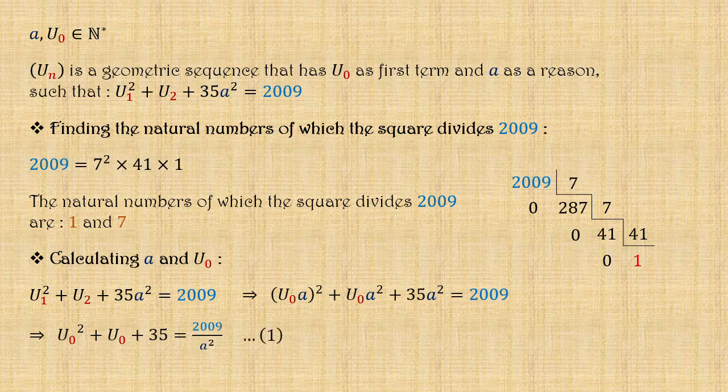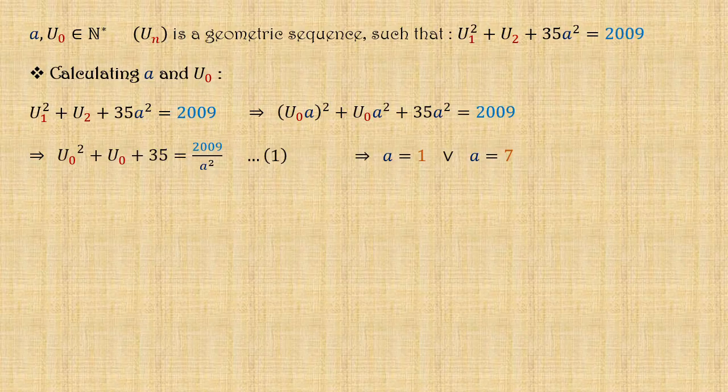Now as we're looking in this equation for u0 and a as natural numbers, and as we found in the first question that the only numbers that the square of which divide 2009 are 1 and 7, then the only possible values that the number a can take are 1 or 7. Now, for a equals 1, the equation number 1 implies that u0 square plus u0 minus 1974 equals 0.